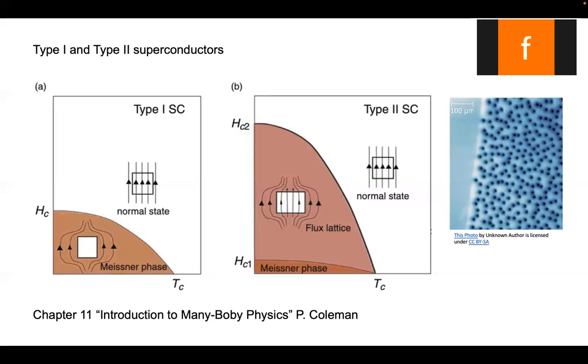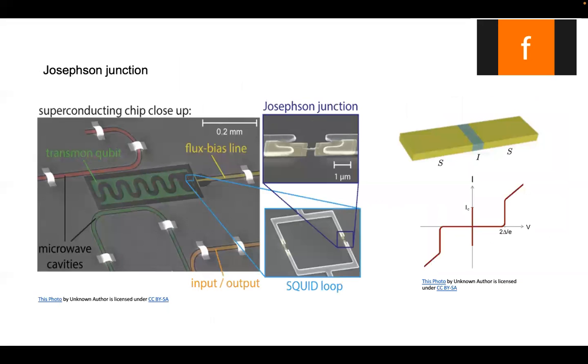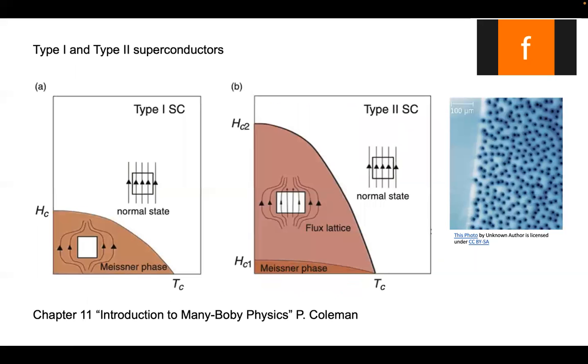In this way, you can make the difference between type 1 and type 2 superconductors. The typical type 1 superconductor is aluminum. A type 2 superconductor could be niobium.